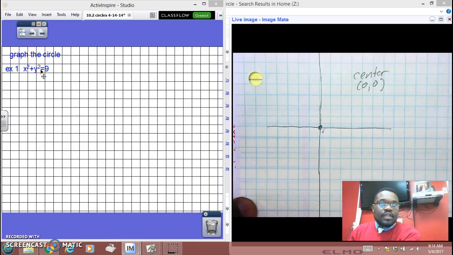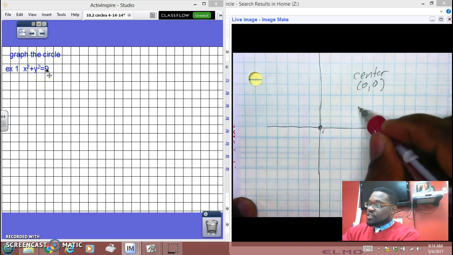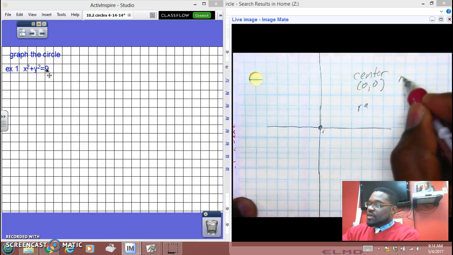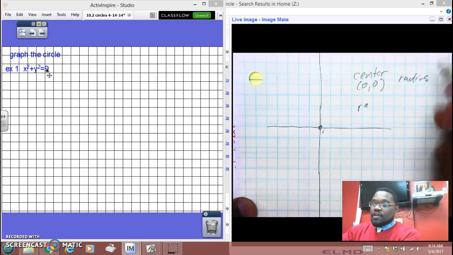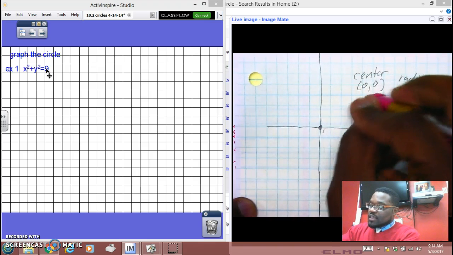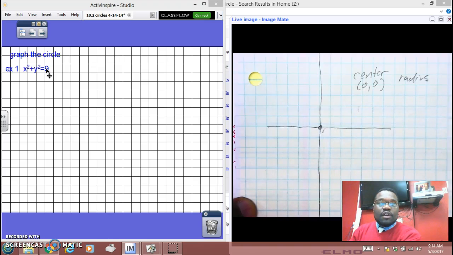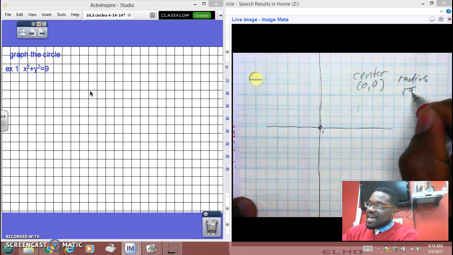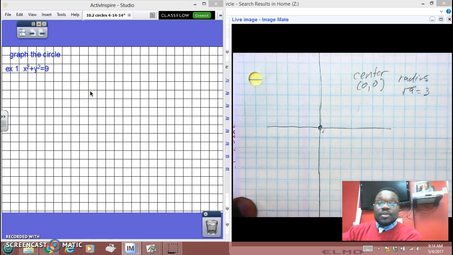Okay? Now, the next thing we need to know is the radius. I guess I should write it right here. Radius. The radius is always the square root of the number that's on the right-hand side of the equation. And so the square root of 9 equals 3. Really plus or minus 3, and we can use both of those.